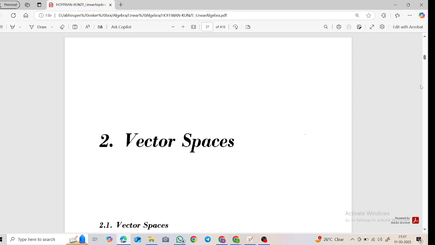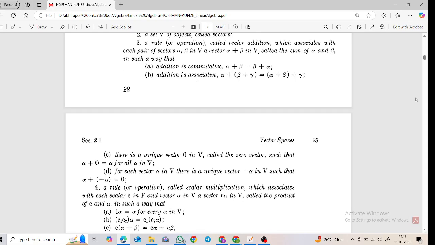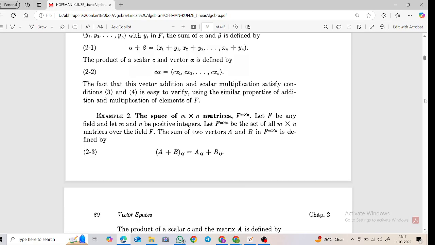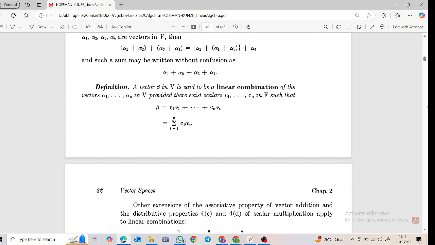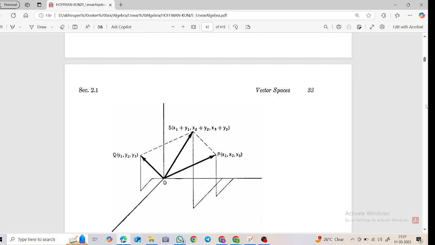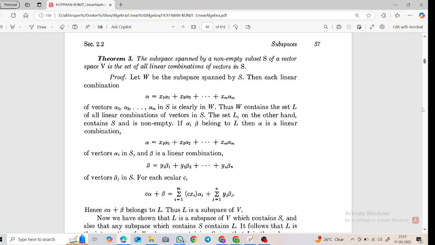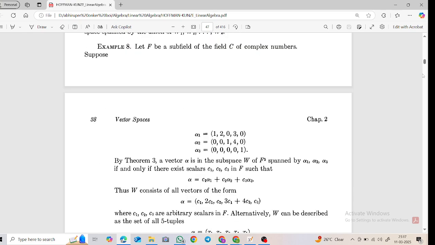I know that all of you have done these things already, vector space. So I request you to go through vector space, dimension, tuple. These are very basic facts, and there are a ton of examples. So I request you to go through this chapter. There are some theorems and all that.